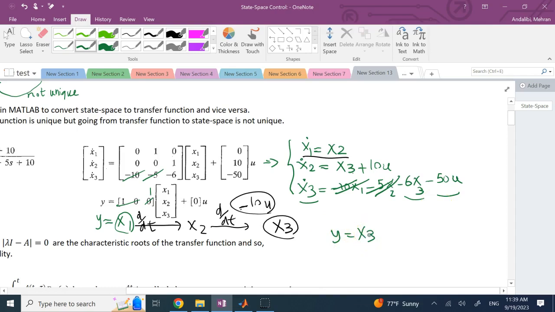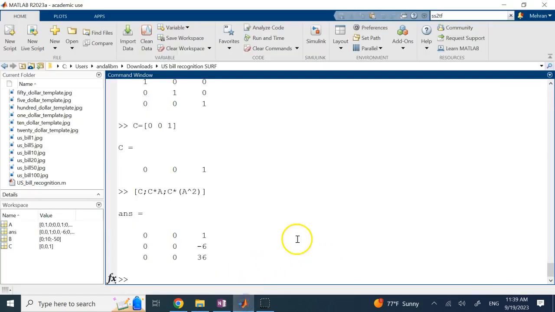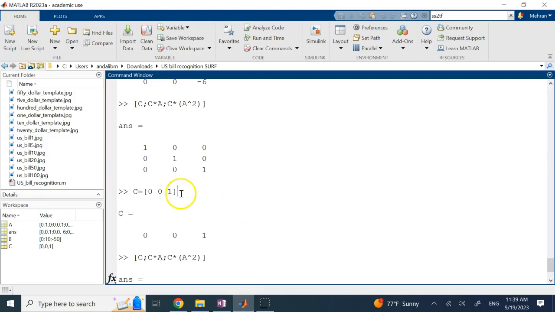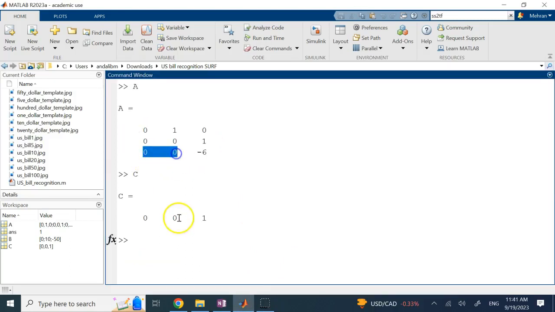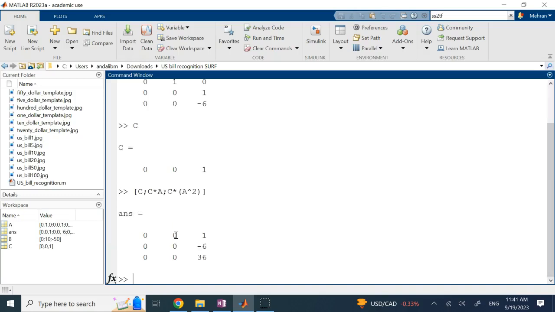Let's see what happens. So here, this is what I'm gonna do. Look. I change C to 0, 0, 1, and I change my A to this. Here, I made these two 0. Now, I form my observability matrix. Remember, it was C and C times A, and C times A squared, right?